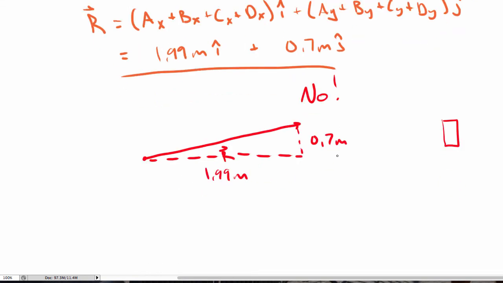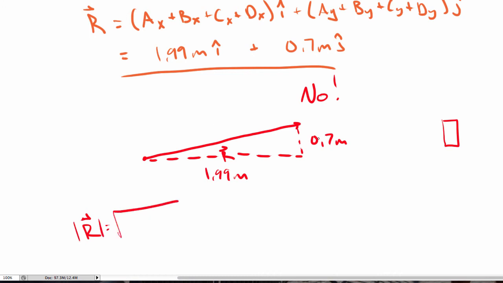But let's take this one step further just to finalize this problem. Sometimes what you'll be tasked to do is tell me about the magnitude and the direction of the resultant vector, not just the components. So if I want to write down the vector r, I need to know the magnitude. Well, how do I find the magnitude? It's pretty simple.